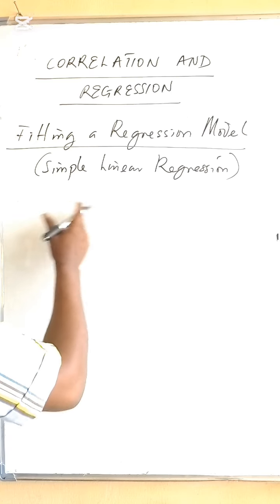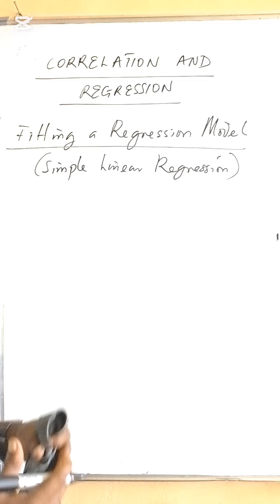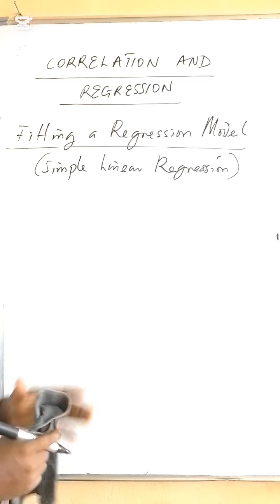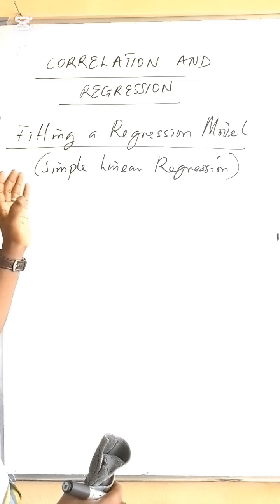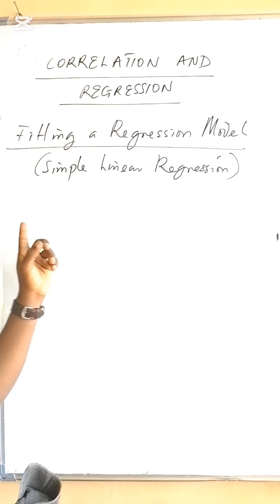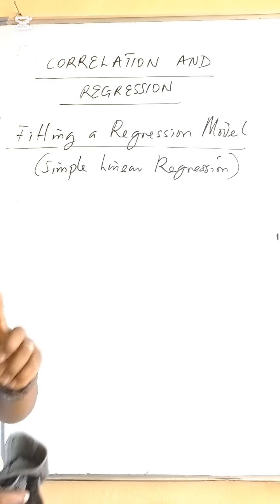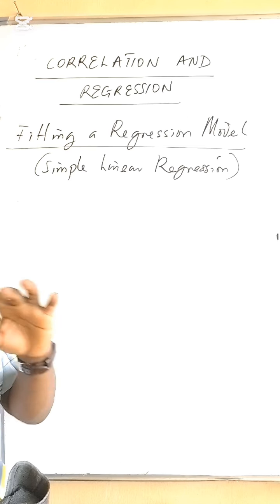So, when we say fit a regression model, what do we actually mean? It simply means describe an equation that connects the response variable, say y, with the independent variable, say x.